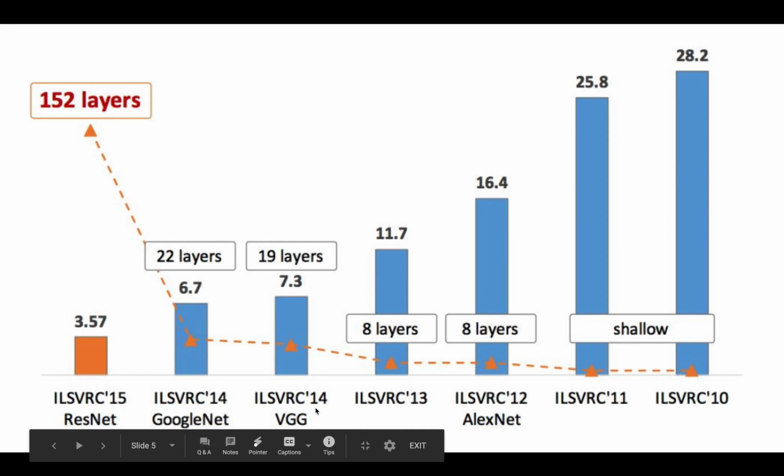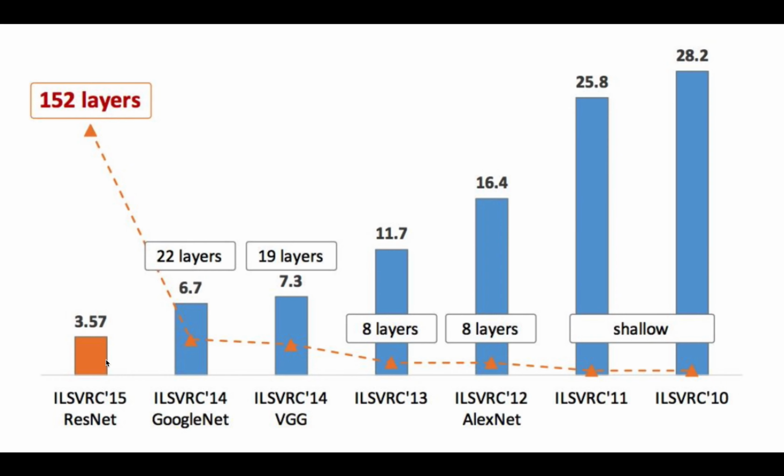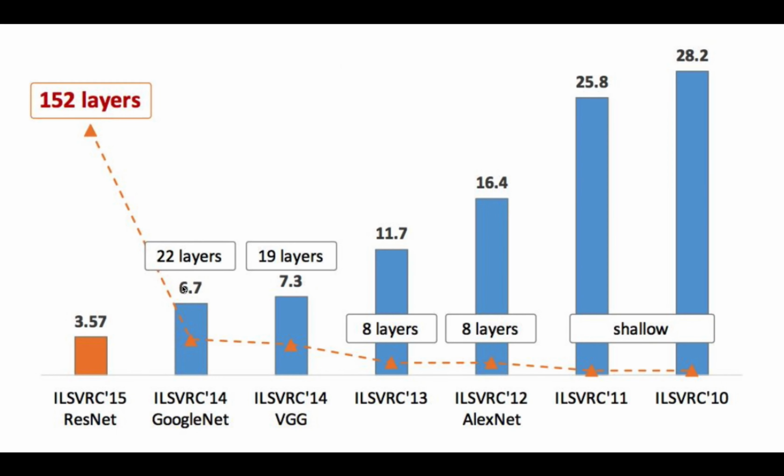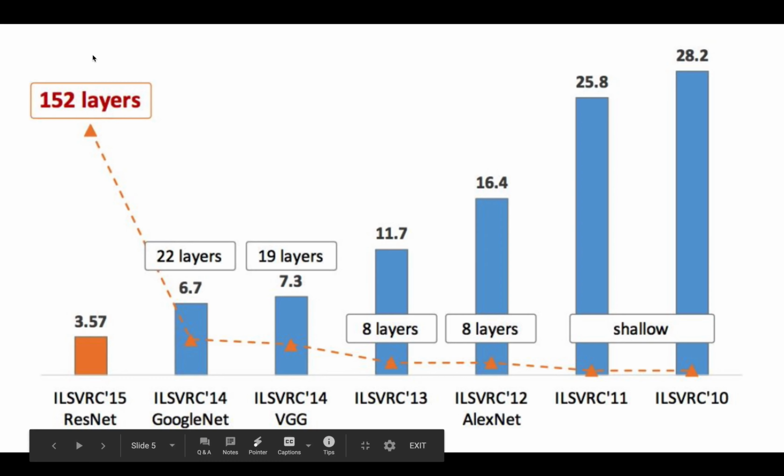VGG was the second winner of 2014, and GoogleNet was the first winner of the ILSVRC competition. ResNet solved the problem of going deeper, like Inception, and got good results, an error of 3.57 versus 6.7, but the layers also increase.